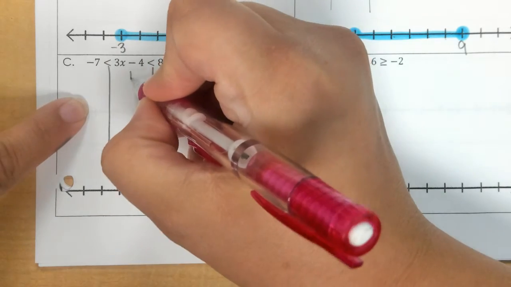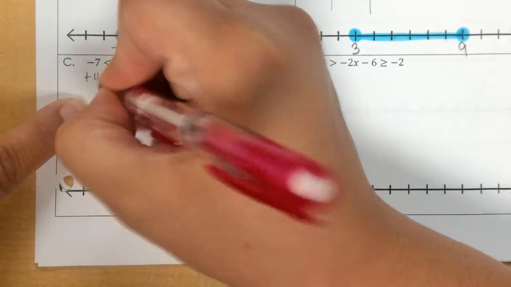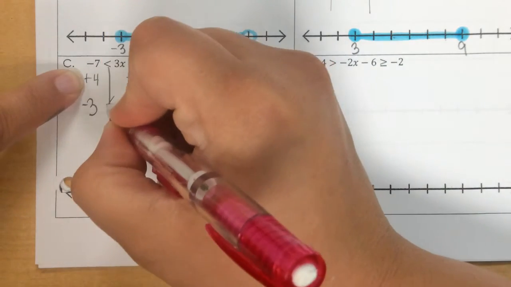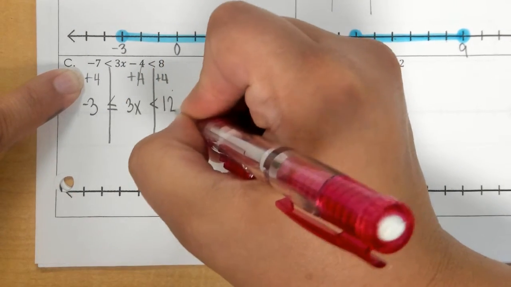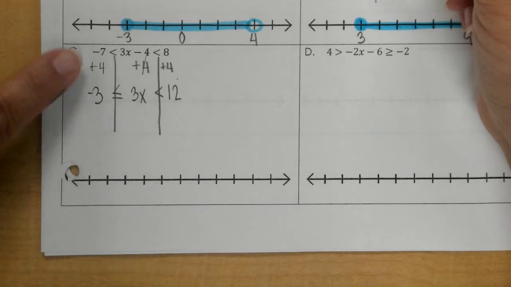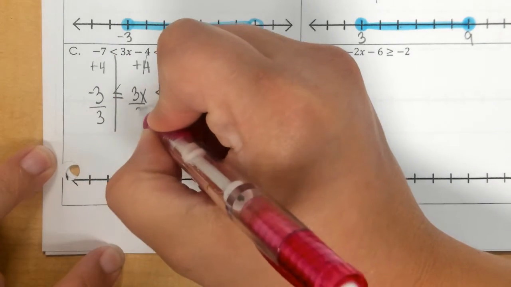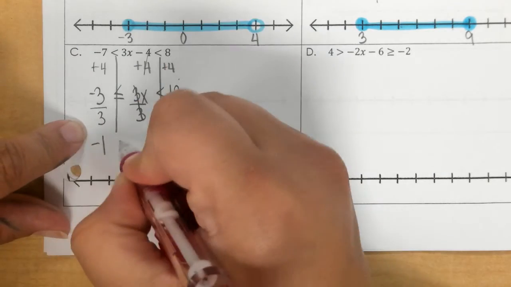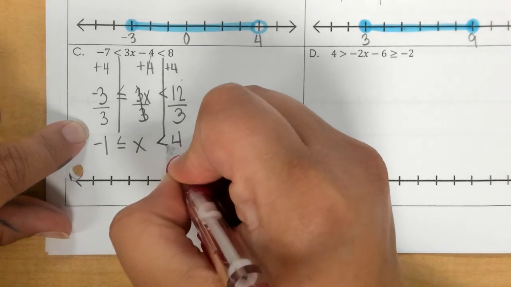So I will do that to all 3 sections. I'm going to add 4. Okay, this becomes -3 less than or equal to 3x less than 12. Okay, and then I would divide by 3 to all the sections and get -1 less than or equal to x less than 4.